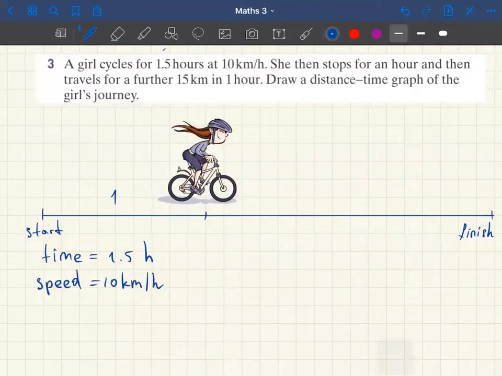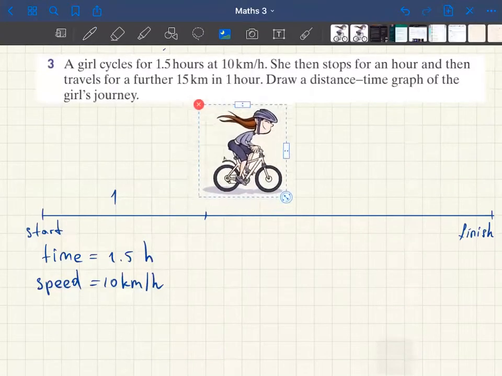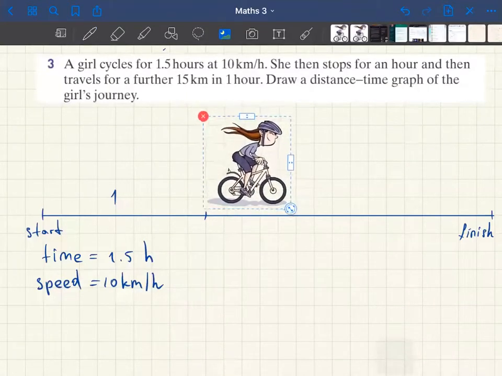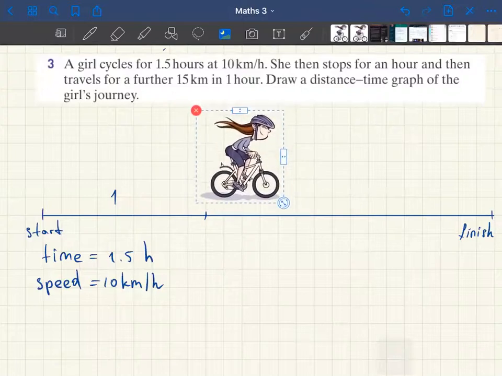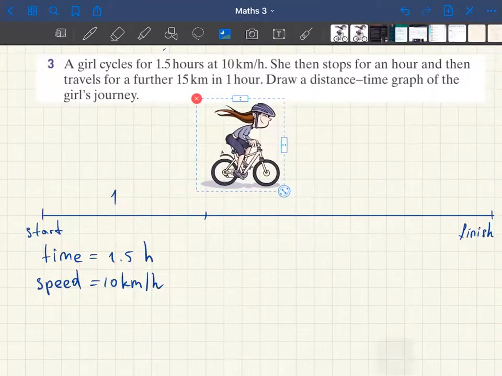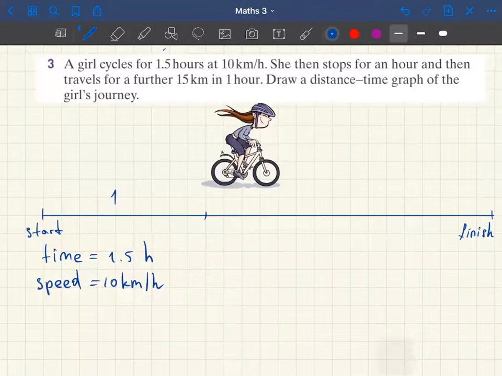Then she stops. She then stops for an hour. So here she kind of waits. I will try to make this region smaller than the others, but anyway, this is a stop, a break. She is making a break, all right?